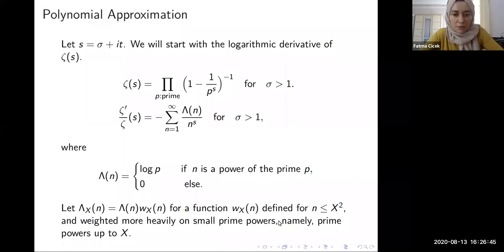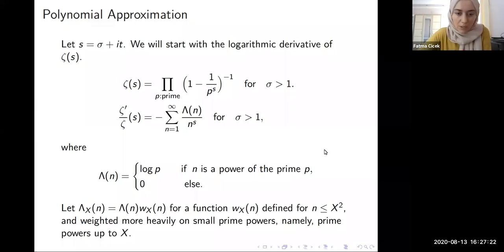So we define a weight function w_x(n), and the weight function will be weighted heavily on small primes or small prime powers. If you think of a Dirichlet polynomial that looks like log p over p to the s, so when n is a prime, when s is 1 over 2 or close to 1 over 2, the small prime powers will be more effective for the distribution.